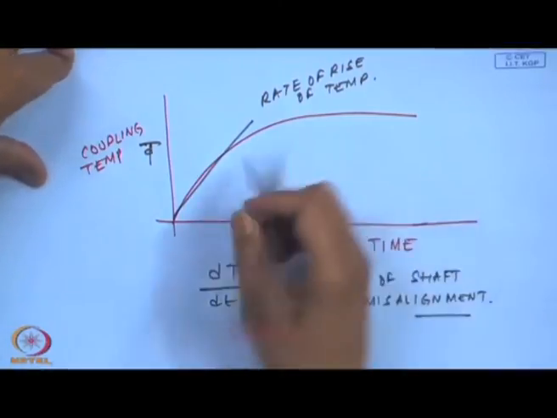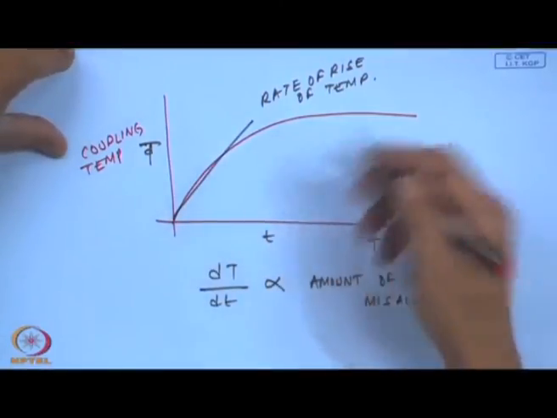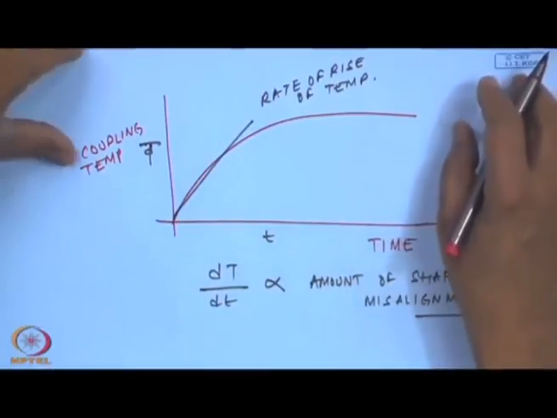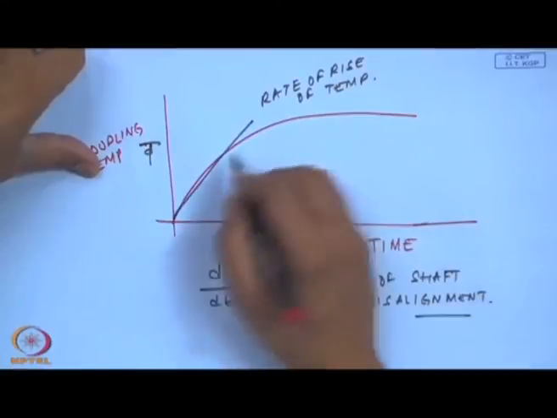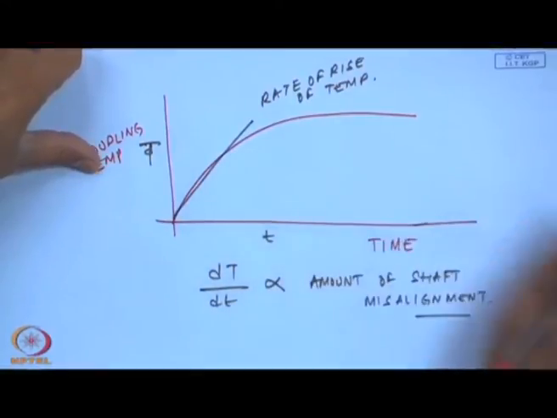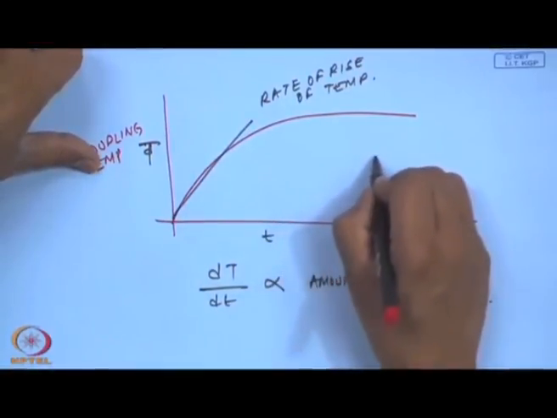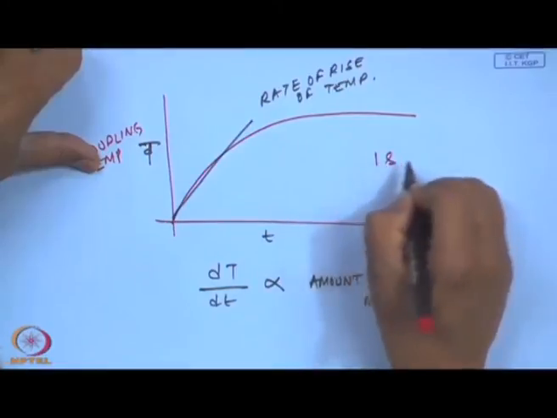And so, this has to be measured by an infrared thermal imaging camera, wherein we have to sample the temperatures at intervals of maybe every 1 second.